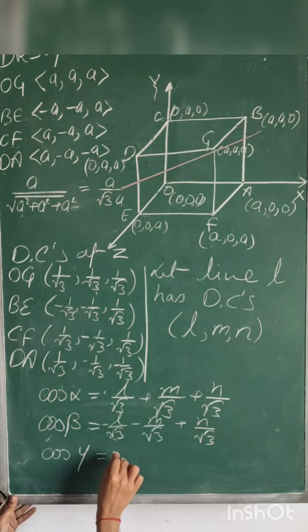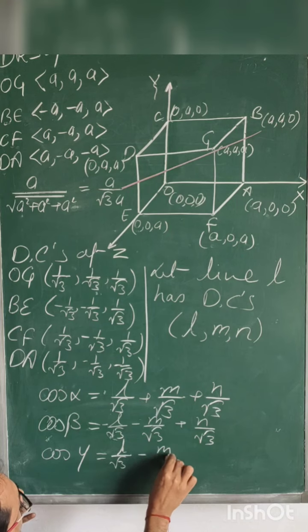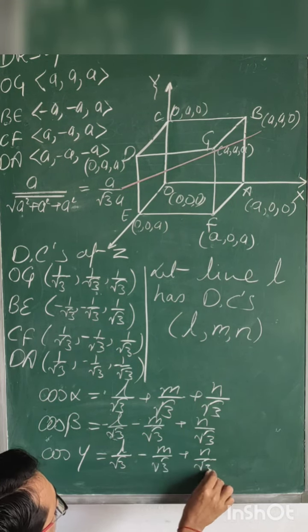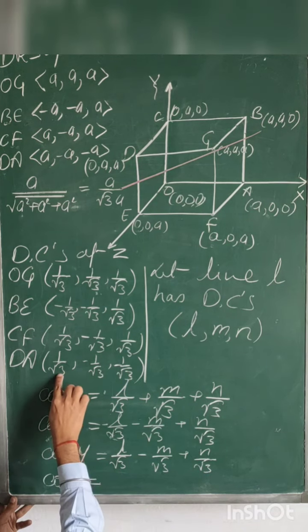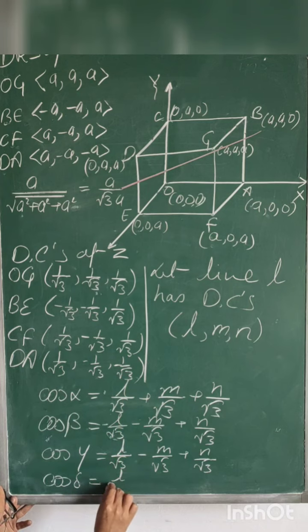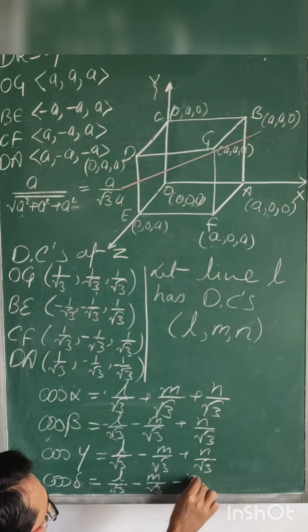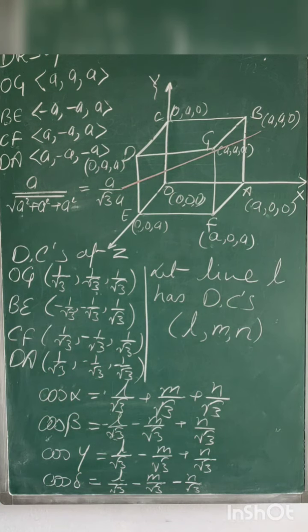Cos gamma will be l upon root 3 minus m upon root 3 plus n upon root 3. Last, cos delta will be l upon root 3 minus m upon root 3 minus n upon root 3. So these are the values of cos alpha, cos beta, cos gamma, cos delta.